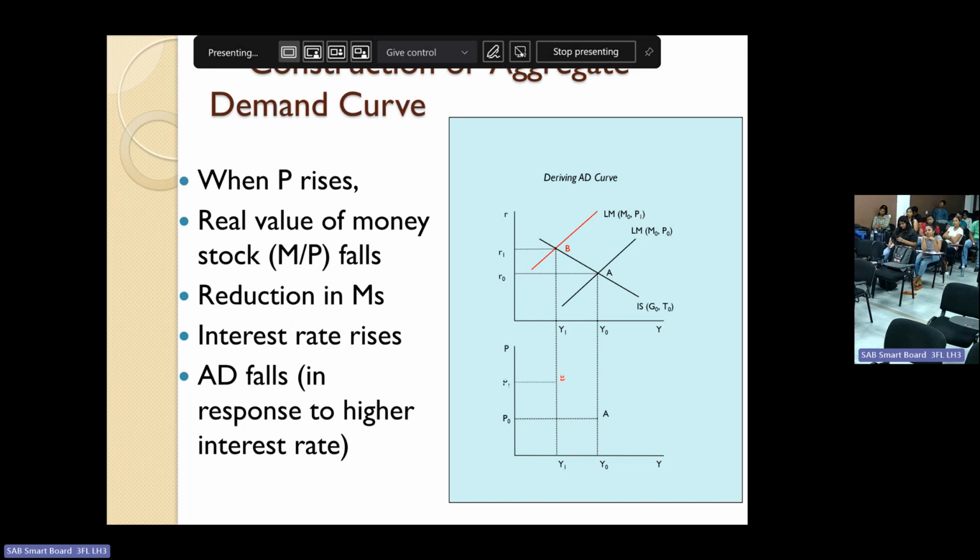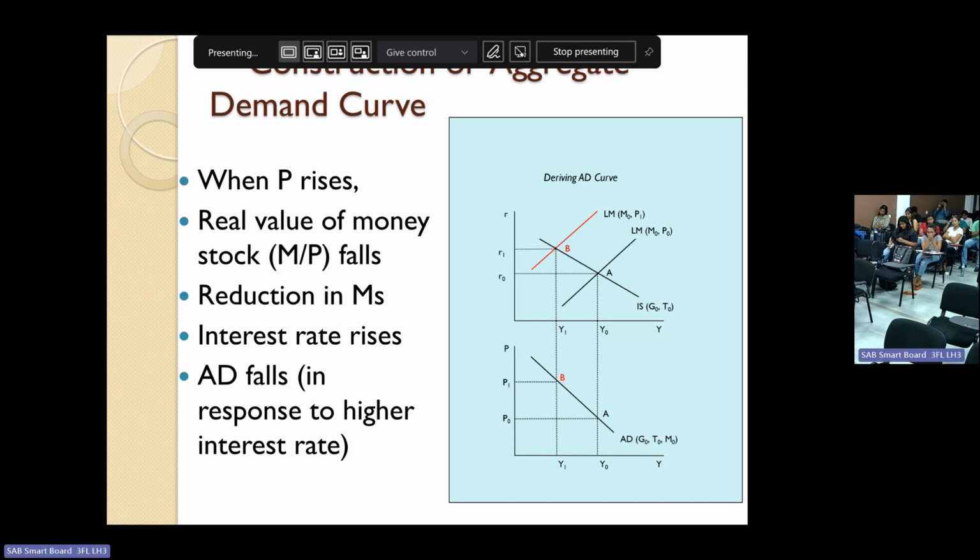So we can take that point at P1 in price level. The income reduces to Y1. By combining these points, A and B, we can draw the aggregate demand curve. The aggregate demand curve is a downward sloping curve, a normal demand curve.